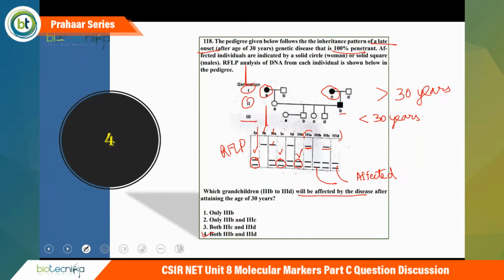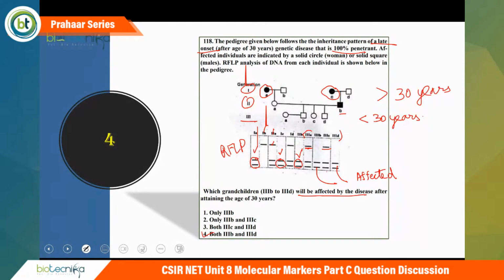So these are the practical applications, and let me tell you that nowadays a lot of questions come from this molecular markers, this kind of analysis. This is definitely one of the practical applications. This is how a genetic counselor will work, or a person who is involved in doing the genetic disease diagnosis, that expert we call a genetic counselor.